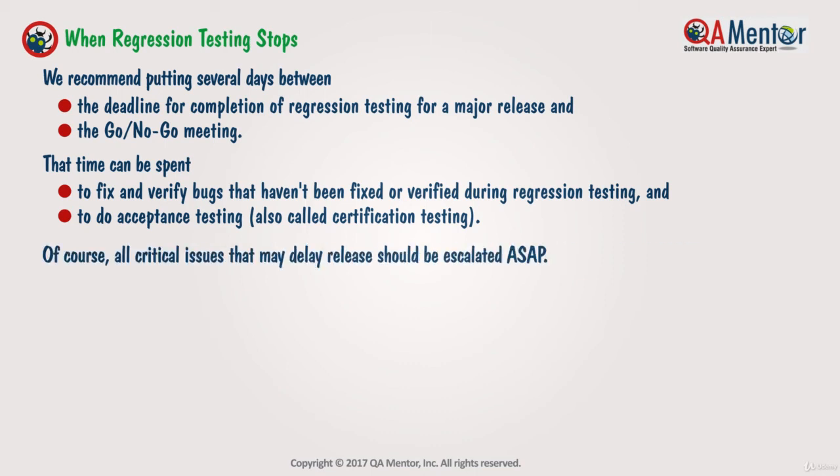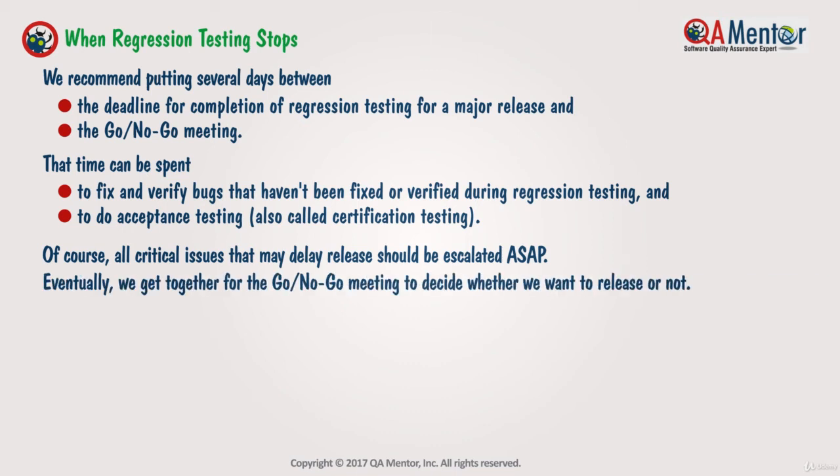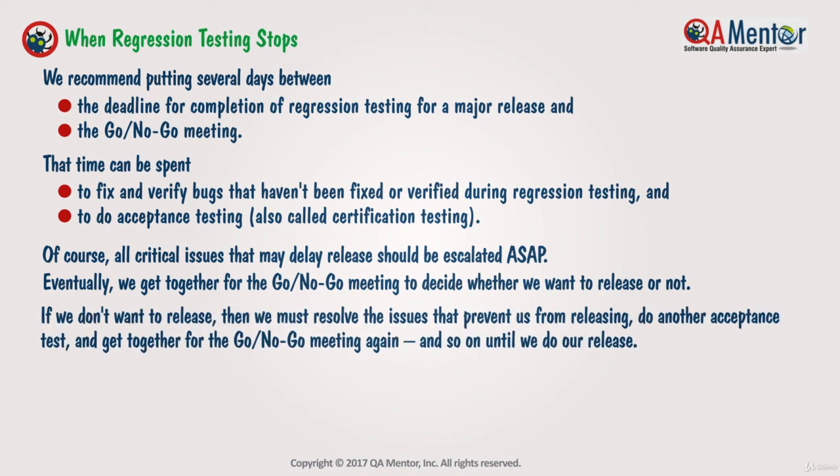Of course, all critical issues that may delay release should be escalated ASAP. Eventually, we get together for the go, no-go meeting to decide whether we want to release or not. If we don't want to release, then we must resolve the issues that prevent us from releasing, do another acceptance test, and get together for the go, no-go meeting again, and so on until we do our release.